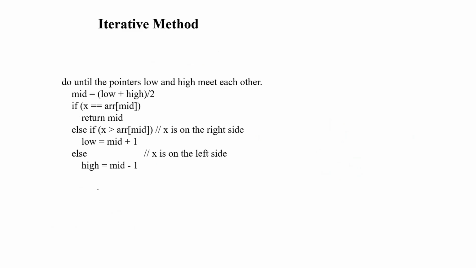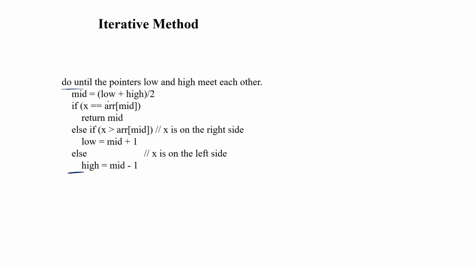For writing the program, we can use either the iterative method or the recursive method. Both methods are very identical, but they have different methodology. The algorithm is the same. If you use the iterative method, then we repeat this in a loop.